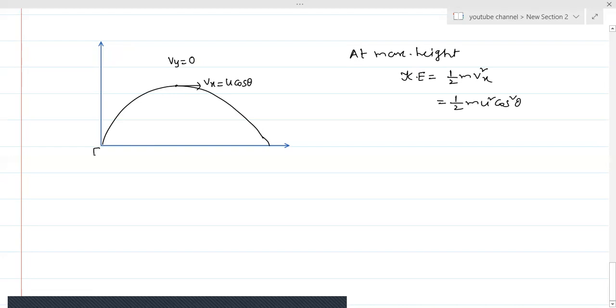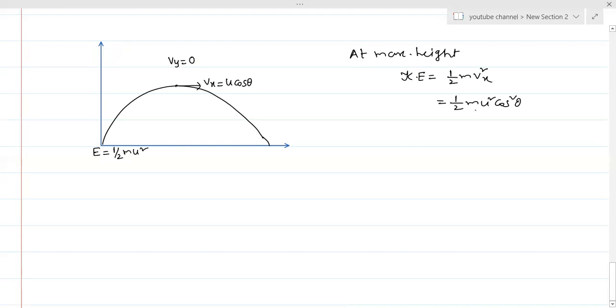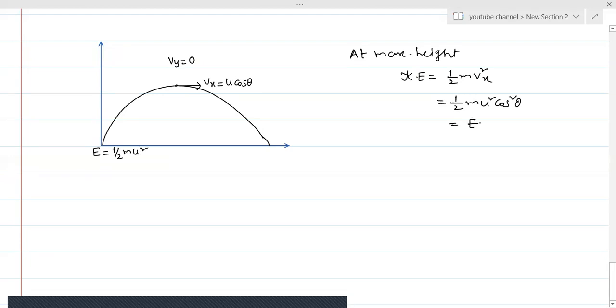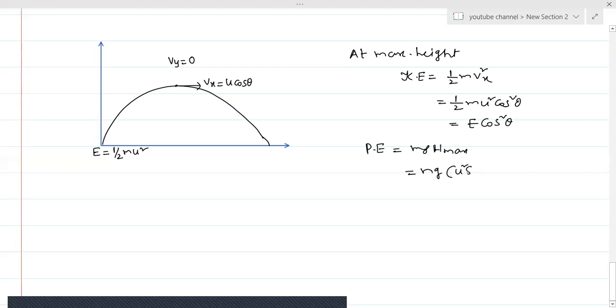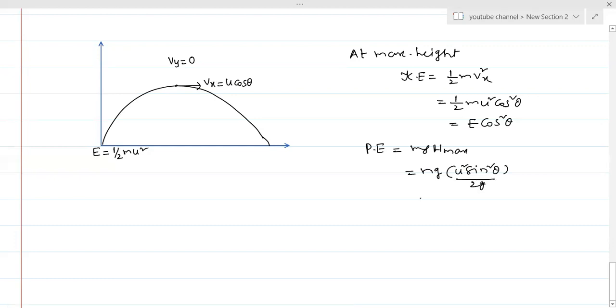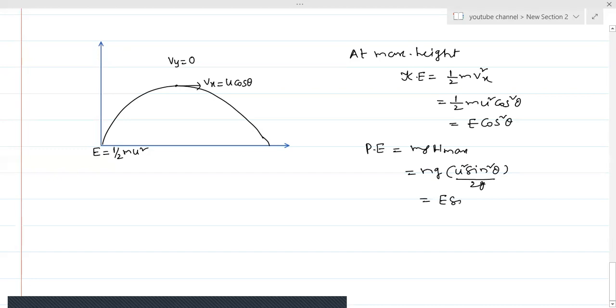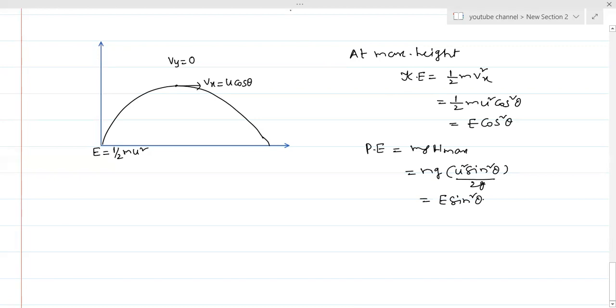If we take the total energy at the point of projection as E, where E is half m u square, then the kinetic energy is E cos square theta. And the potential energy is mg into H maximum, and H maximum is u square sin square theta by 2g, so the potential energy is E sin square theta.